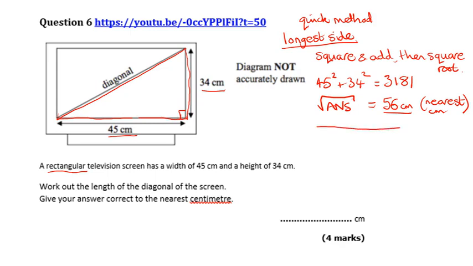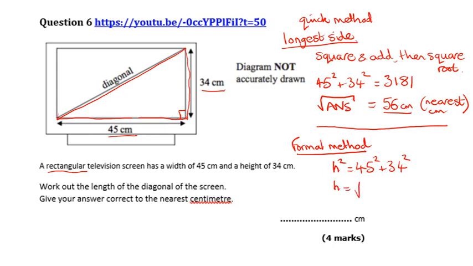Okay, formal method. It's all the same steps, we're doing the same maths, it's just how you lay your work out that might be different. The formal method is the hypotenuse squared is going to be equal to 45 squared plus 34 squared. And actually to solve this, to find h, we just square root.